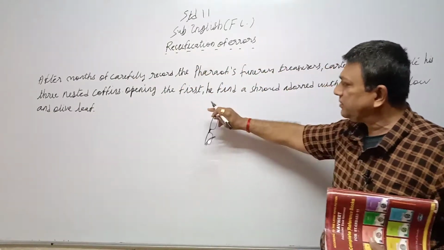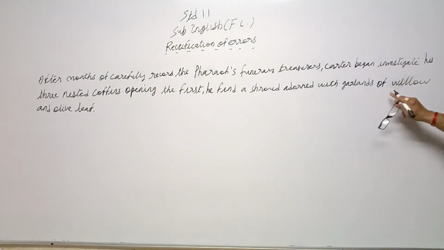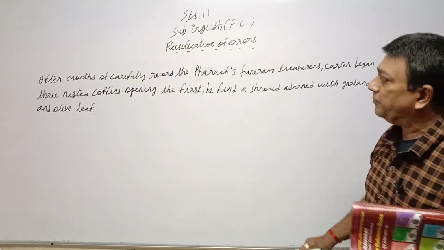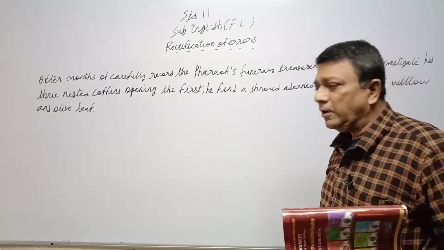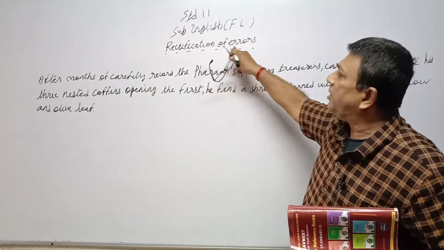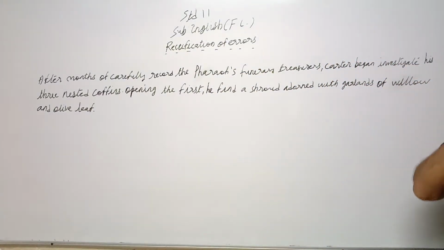Opening the first, he find a shroud adorned with garlands of willow and olive leaf. A rectification of errors. What we are doing? We are doing rectification of errors. There are four errors here. You shall have to find out which are the errors.